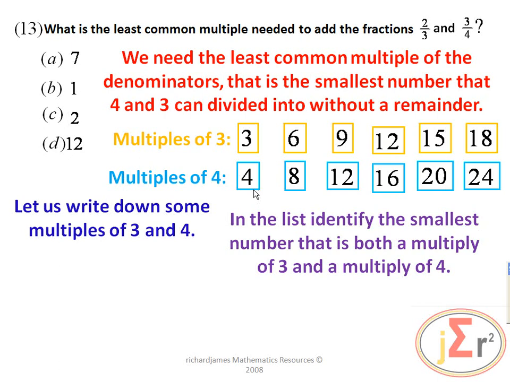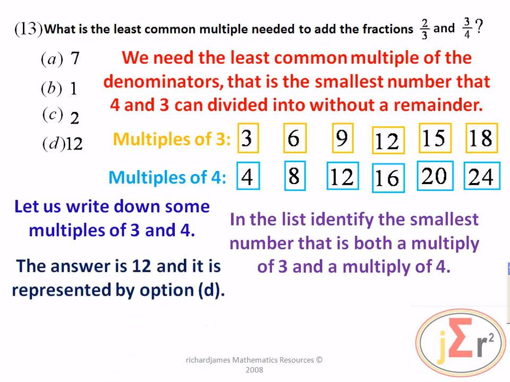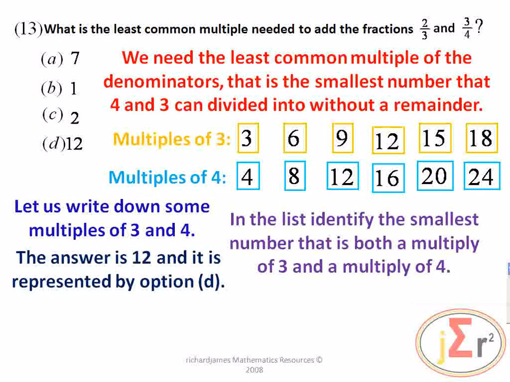What number is that? 12. 12 is in the list of multiples of 3, and it is in the list of multiples of 4. Therefore, 12 is a common multiple of 3 and 4. The answer is 12, and it is represented by option D.